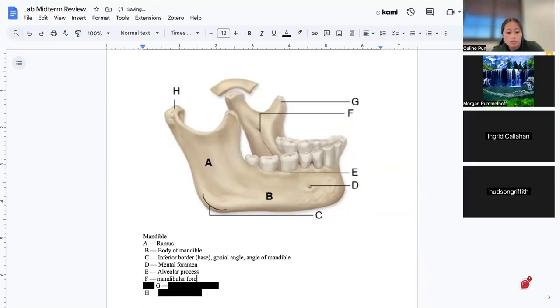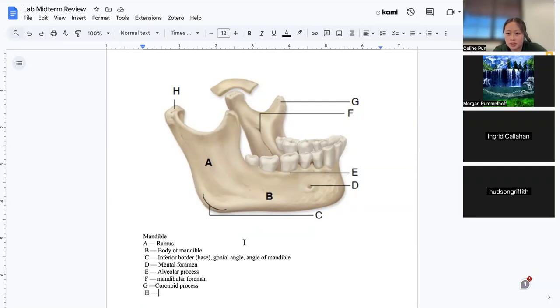Okay. Now G. This is the one that I put. Coronoid process. The corona means crown and oid means like, so a crown-like process.